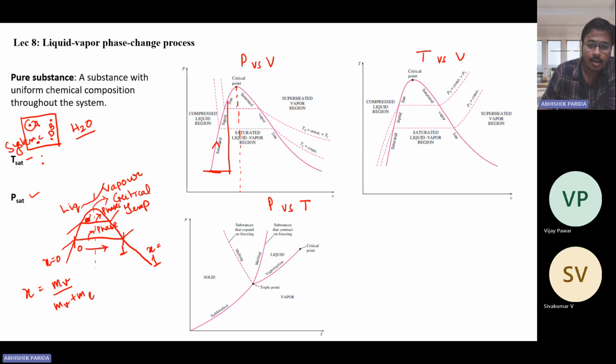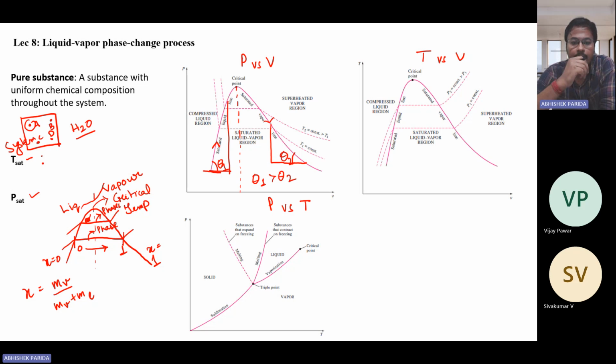That is why you see the slope is a little bit higher. But when you come to vapor, with reduction in the pressure, there is a drastic increase in the specific volume. So magnitude-wise, theta 1 will always be greater than theta 2. You need to notice that from here.